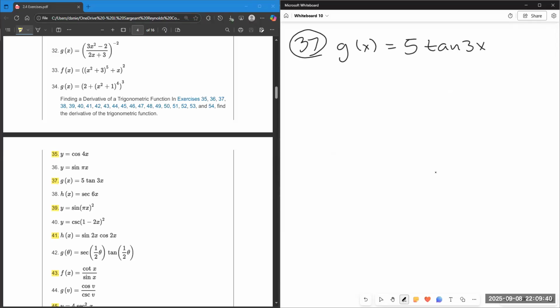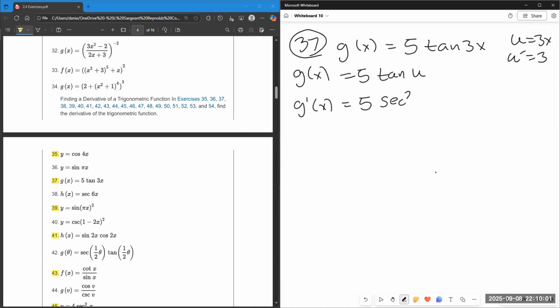So my inner function, u, will be 3x. u prime will be 3. g of x will be 5 tangent of u. g prime of x is equal to 5 secant squared u times u prime. g prime of x is 5 secant squared of 3x times 3.